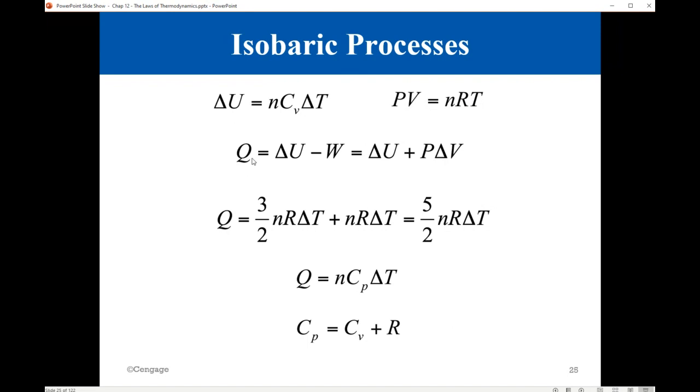The change in the heat energy is delta U minus W, and we know how to calculate W. In this case, W is negative, therefore minus W is plus P delta V. So when we add the internal energy to the work, we are adding 3/2 nR delta T to nR delta T. This becomes 5/2 nR delta T.